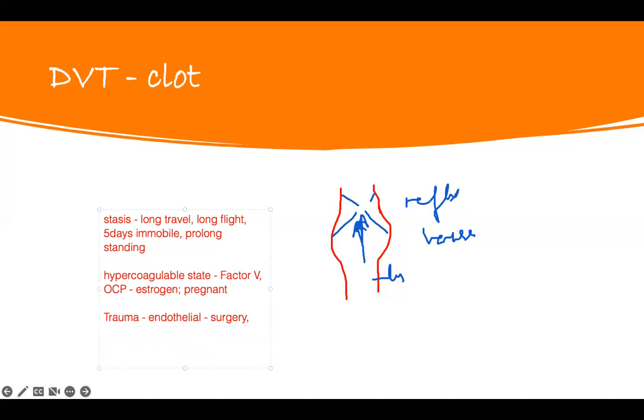These three, we call it the Virchow triad. You don't need to know the name. I just put it there so that you can remember. Virchow triad is stasis, that means you're not moving, you are in a hypercoagulable state, or you have trauma. And these DVTs can embolize into the lung and become pulmonary embolism.